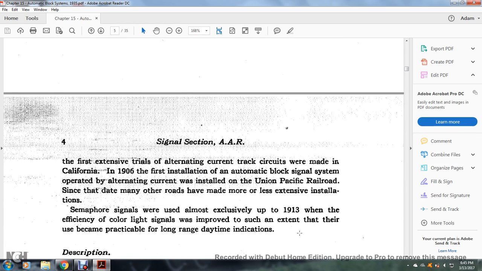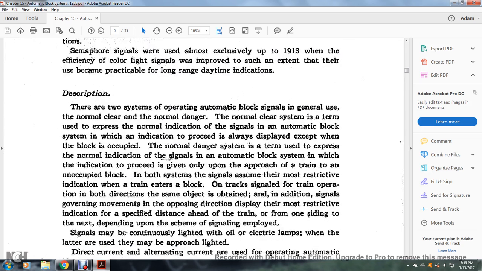The first extensive trials with alternating current track circuits were made in California in 1906. The first installation of automatic block system operated with alternating current was made on the Union Pacific Railroad. Since that date, other railroads have made more or less extensive installations. Semaphore signals were used almost exclusively up to 1913, when the efficient color light signal was improved to such an extent that long-range daytime indications became practical.